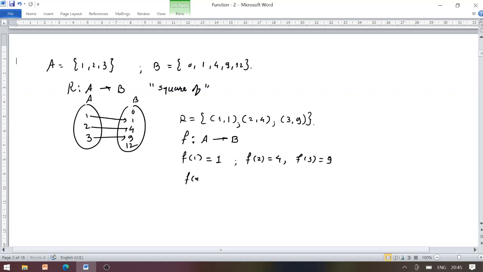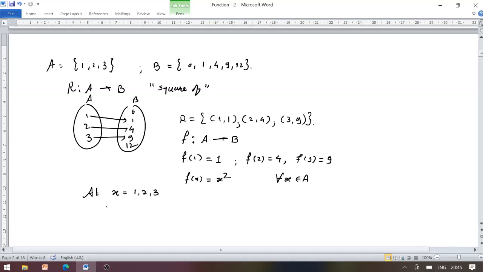So we can write f of x for all elements x belonging to the set A: f of x equals x squared, at x equal to 1, 2, 3 respectively.